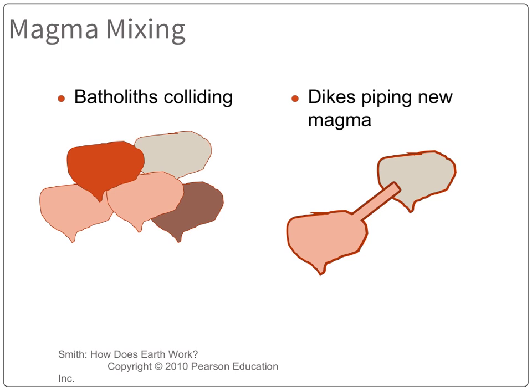This just shows it can be kind of wholesale mixing of two different magma masses, or sometimes there might be a pathway in the rocks that these magma bubbles are coming up through that would allow one of them to kind of inject material into the other.